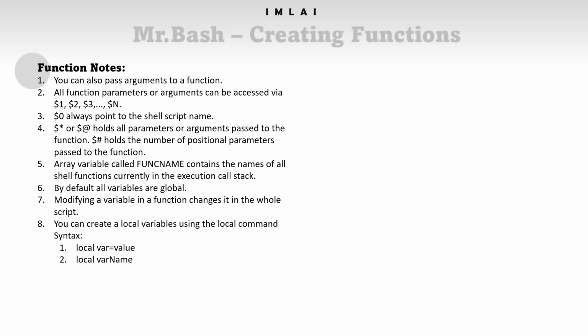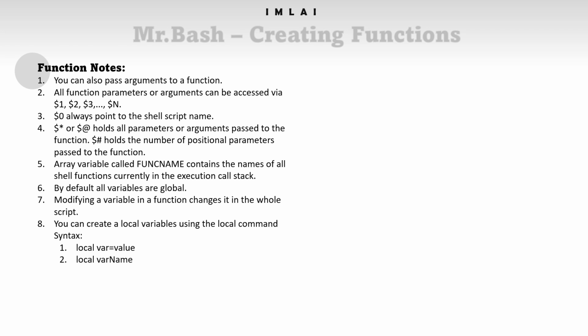If you give $* or $@, it holds all parameters or arguments passed to the function. $# holds the number of positional parameters passed to the function. The array variable FUNCNAME contains the names of all shell functions currently in the execution call stack.